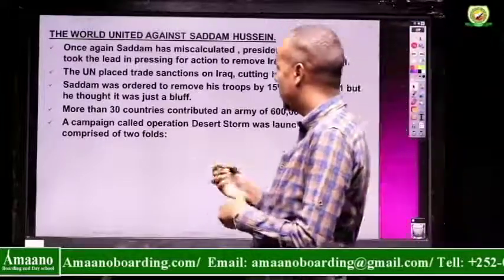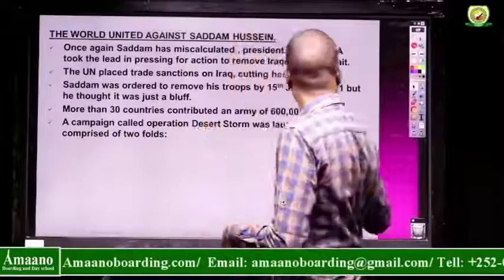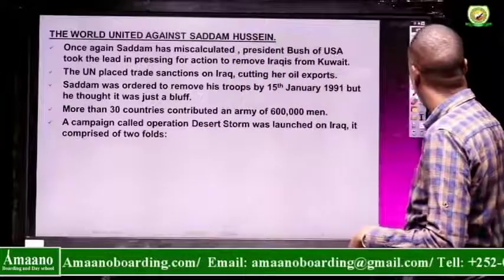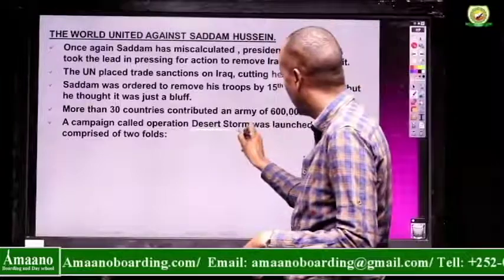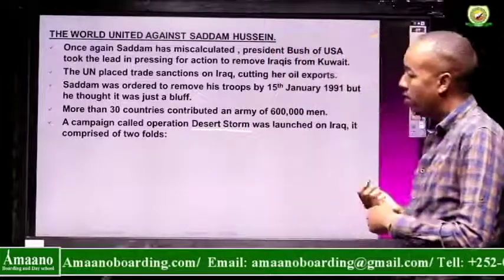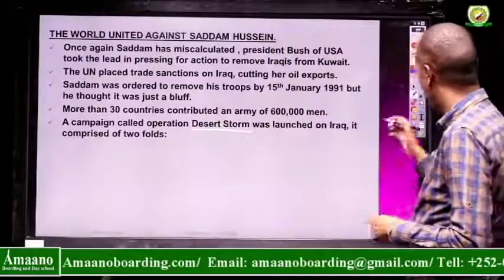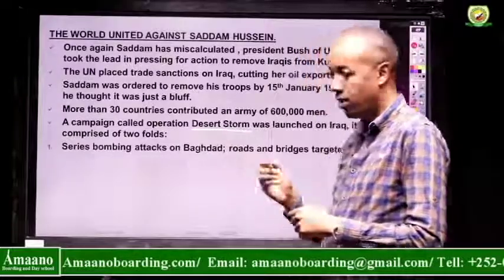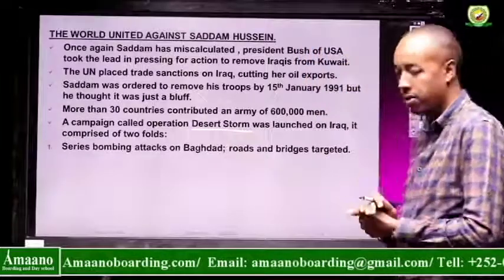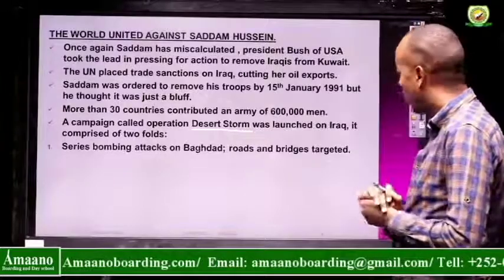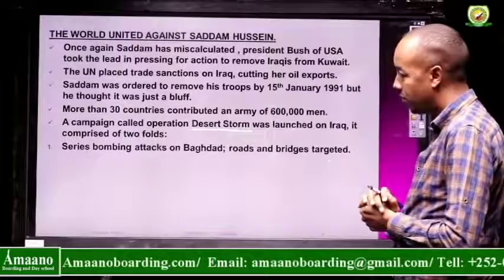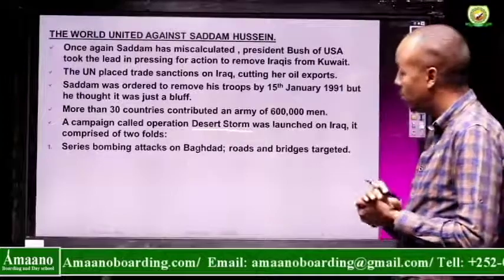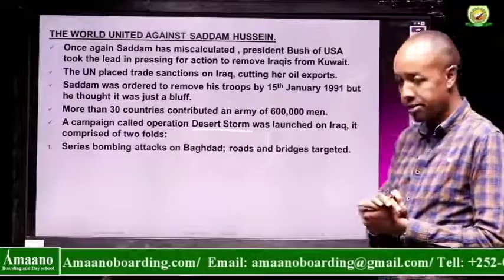That campaign was called Desert Storm. The Desert Storm had two phases. What was the first one? Serious bombardment attacks on Baghdad. First, they bombarded Baghdad. Roads and bridges were targeted. Saddam couldn't believe that even Baghdad was targeted by the international army.